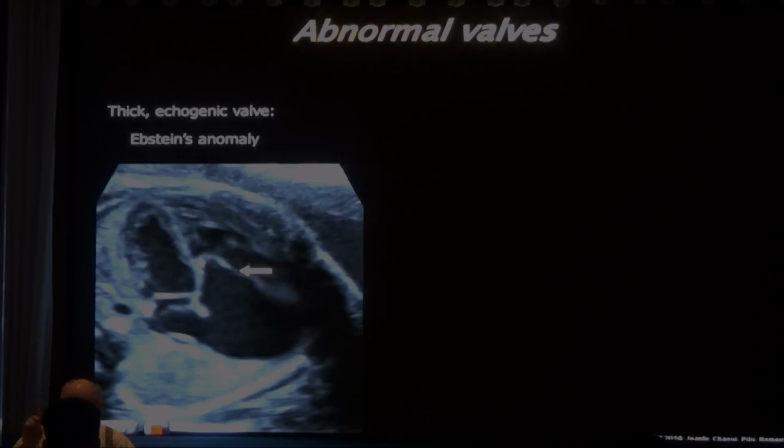Now this is something very important, because in the fetus, we have something different from the pediatric and the adult circulation. If my mitral valve gets obstructed, my whole heart is going to enlarge. In the pediatric and the adult circulation, obstruction results in dilatation. That's not true in the fetus.